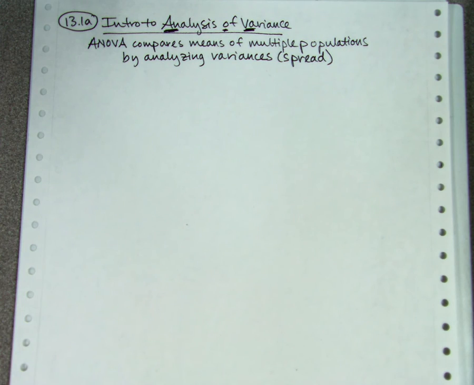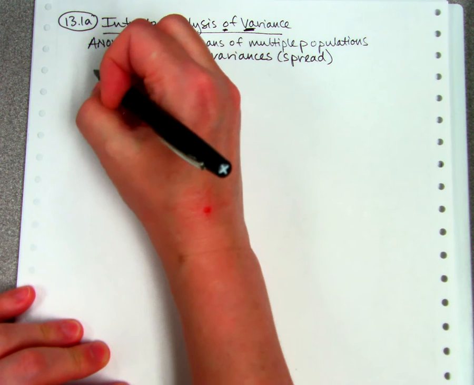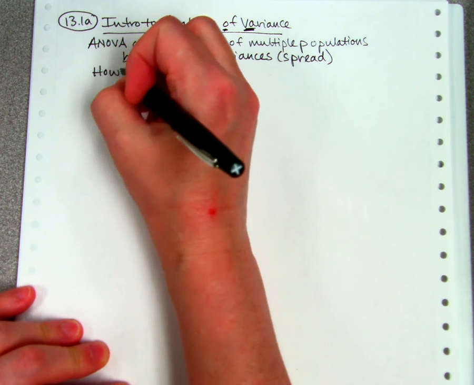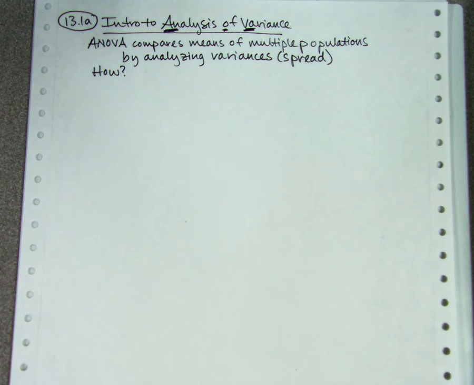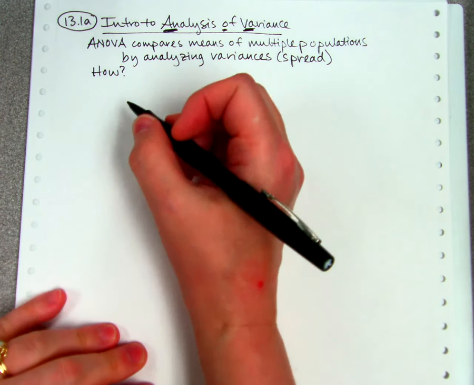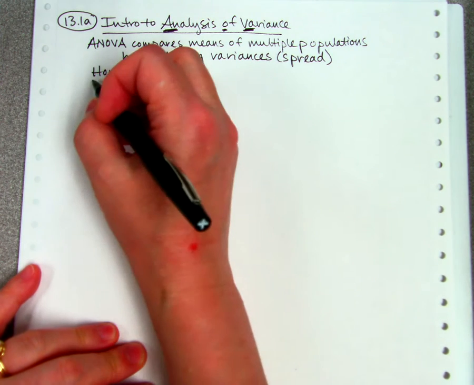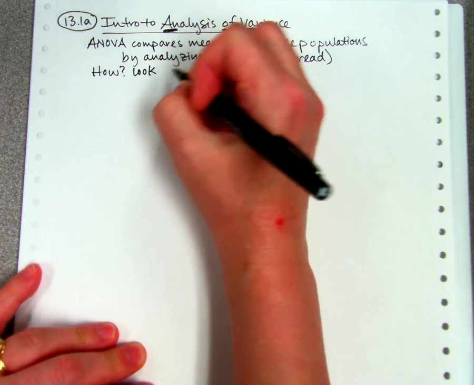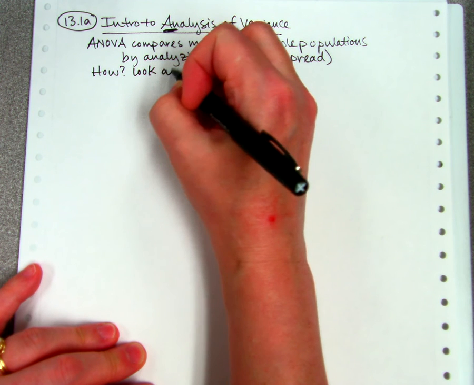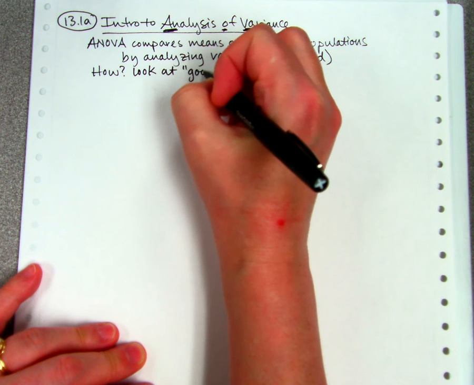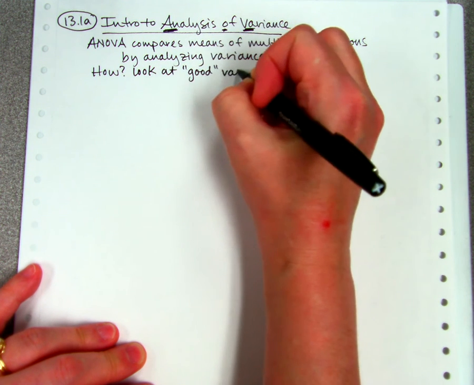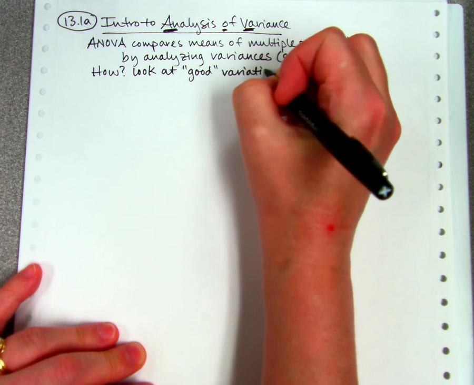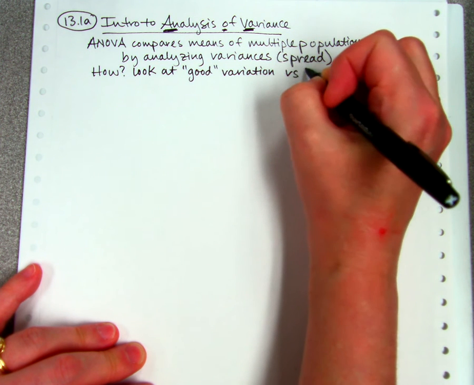So I introduced this a little bit in the warm-up, and I'm going to just talk a little bit more about how that works, but we're going to get the technical part tomorrow. The calculations are tomorrow. So how it looks, we look at variation two ways. There is such a thing as good variation versus bad variation.